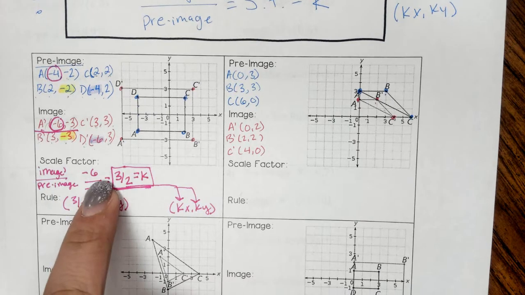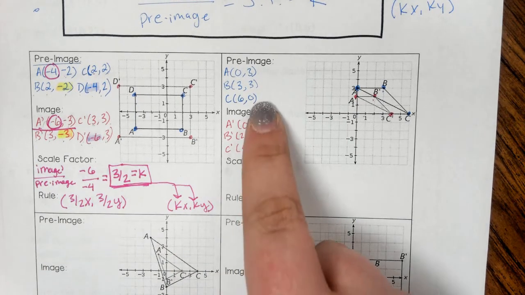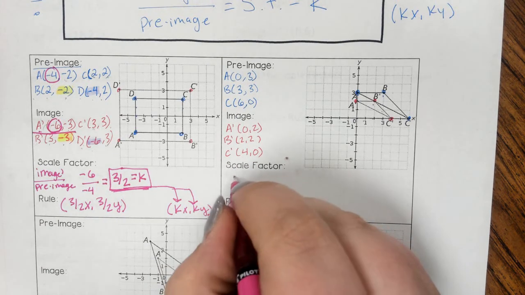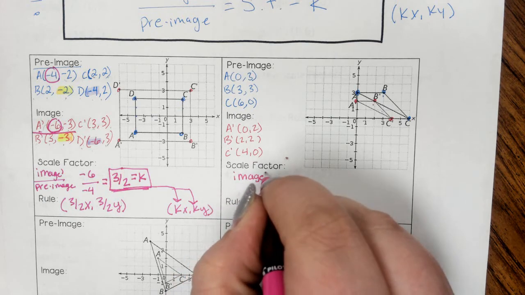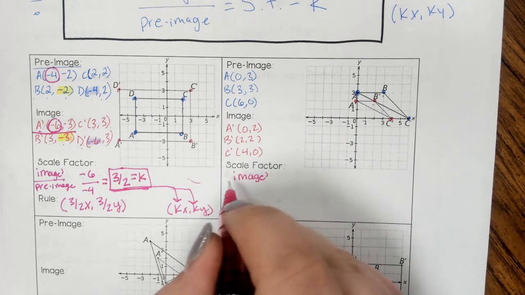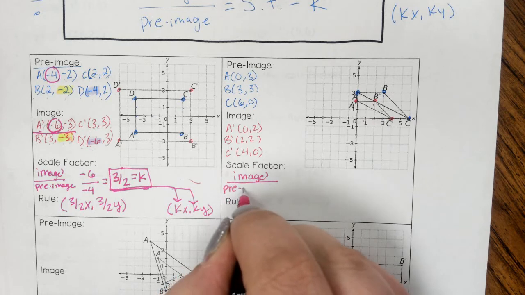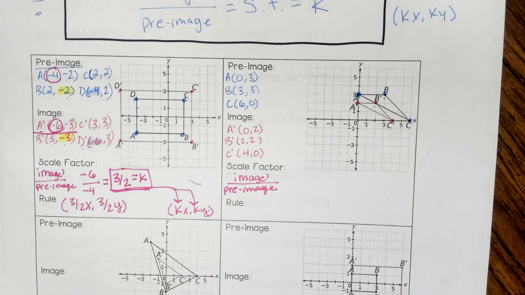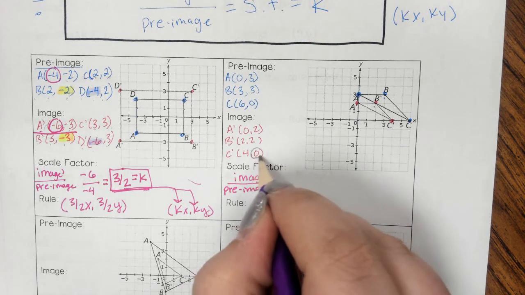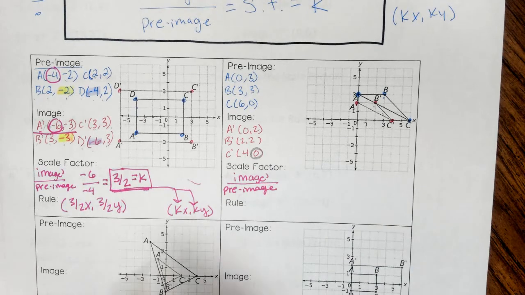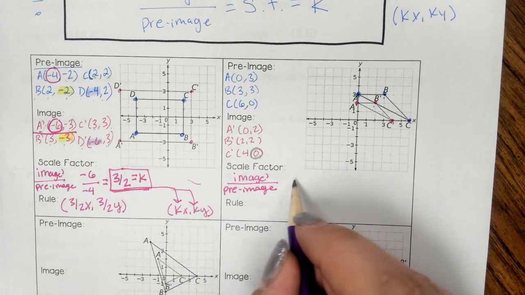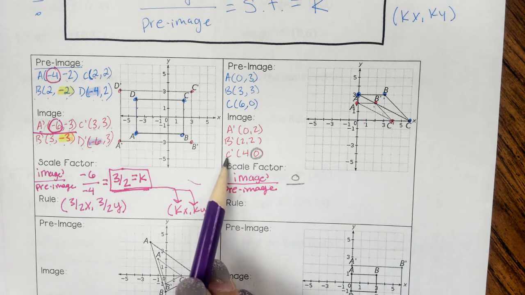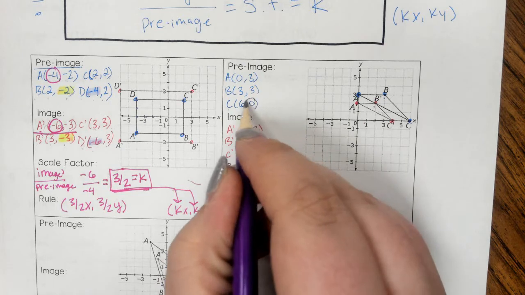I know I can pick any two corresponding numbers and use them to determine the scale factor, as long as the image number is in the numerator and the pre-image number is in the denominator. So for a moment, I'm going to pick the y value from C prime, which is 0, over the pre-image, so I need the y value from C, which is 0.